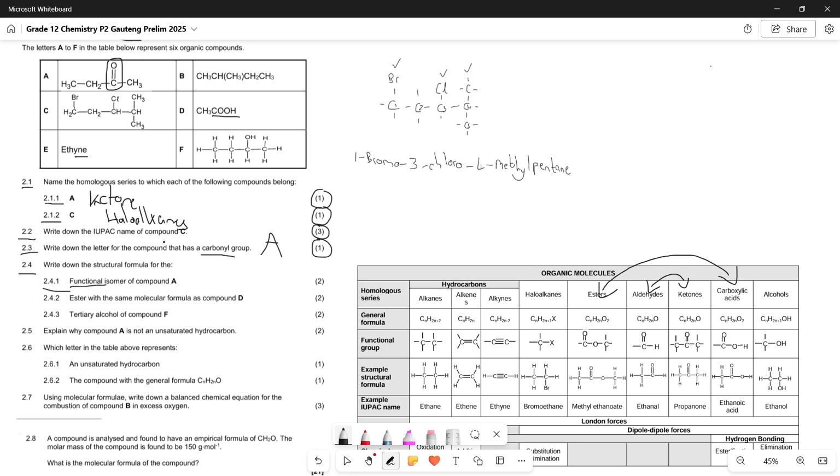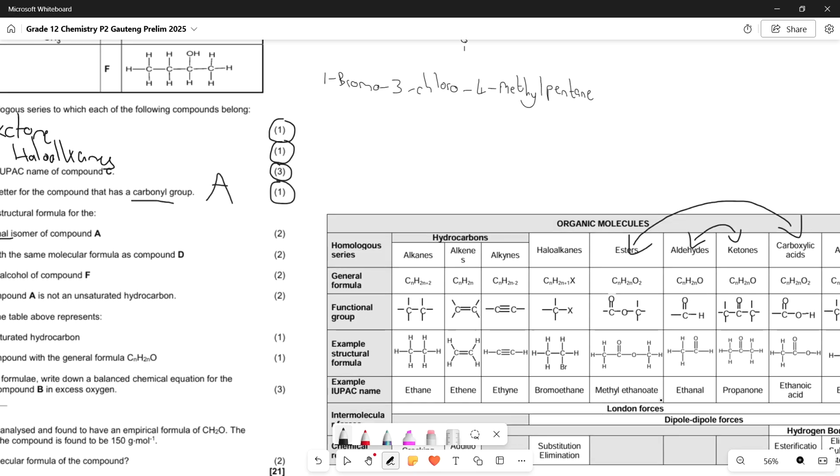So considering these are the two options we have as far as functional isomers, same amount of C's and H's, as we can see A over here, and we established it is a ketone, which means if we're going to draw it, all we have to do is move this double bond O to the end. As we can see here, we have propanone in this example here with a double bond O in the middle, and then the only difference is moving the double bond O to the end.